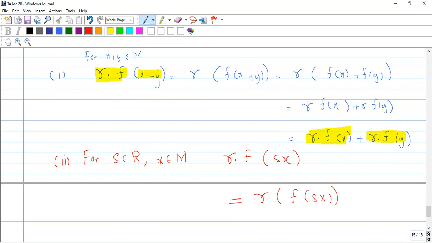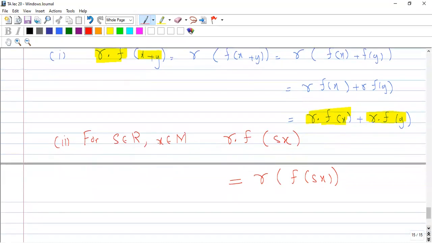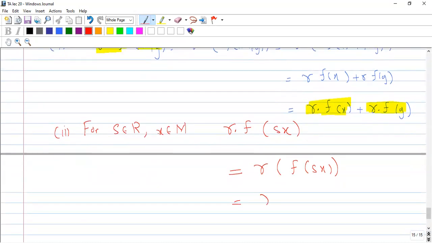So first I take the image of sx under f and then multiply with r. So this is by definition. Now since f is an R-module homomorphism, it is equal to s into f of x.